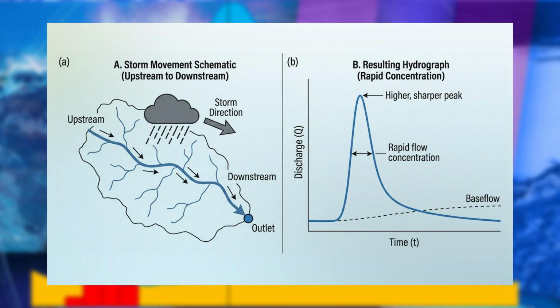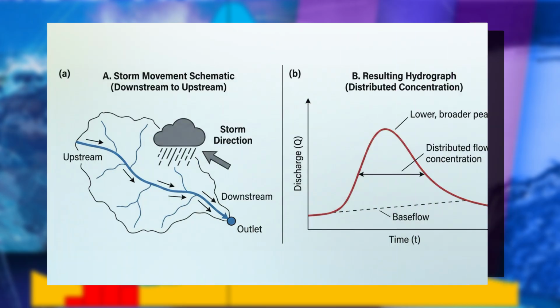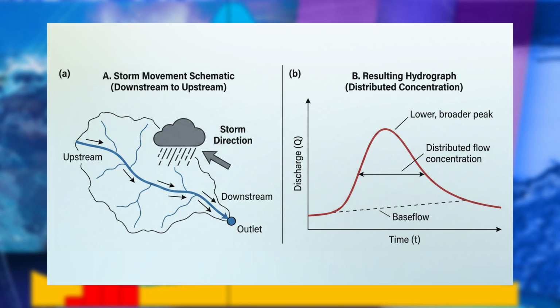A storm moving from upstream to downstream causes rapid flow concentration at the outlet, producing higher peaks. In contrast, storms moving in the opposite direction generate low peaks and longer hydrograph durations. This effect is more pronounced in long and narrow catchments, which are highly sensitive to storm movement direction.